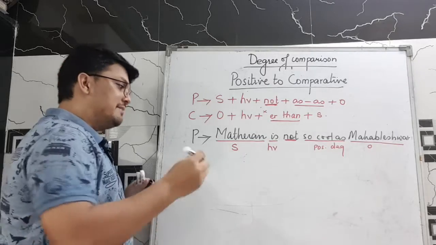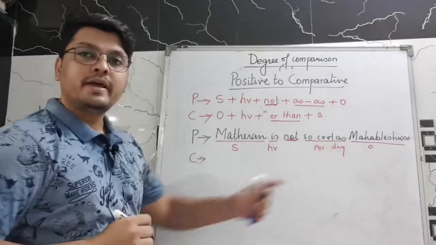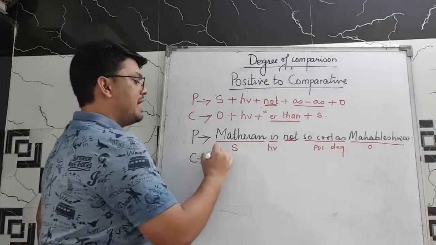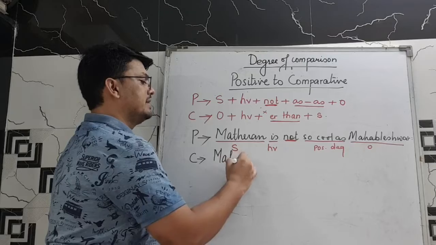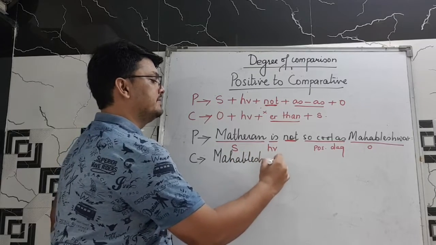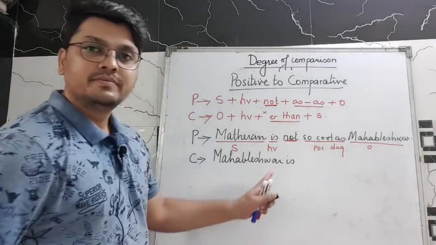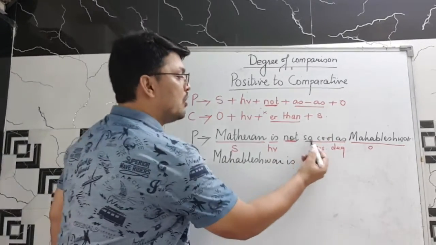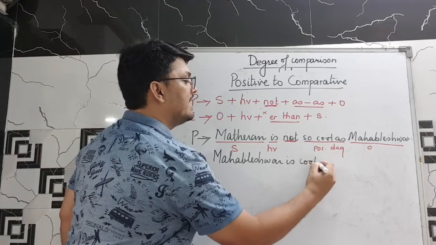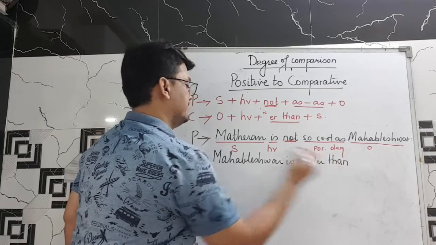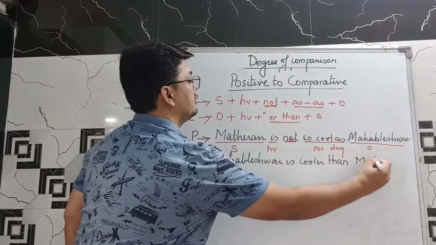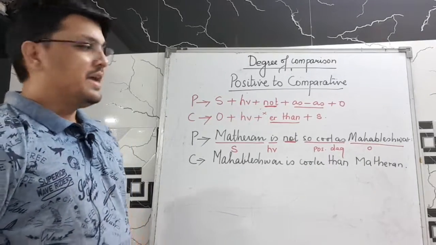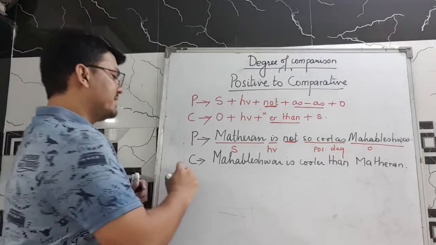Rule will be the same, student. Okay. So what we'll do, Mahabaleshwar will take subject's place. So Mahabaleshwar is. Now here there is not already. Do not put not here. So cool as will turn into cooler than. Put Matheran over here. So Mahabaleshwar is cooler than Matheran. Okay. Let's take one more example.